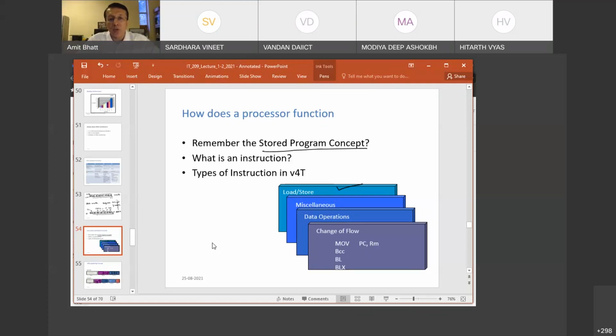So load and store are two instructions which are allowed to access the memory. So in simple language, this is your processor P. It has got register set, starting from R0 to R15.